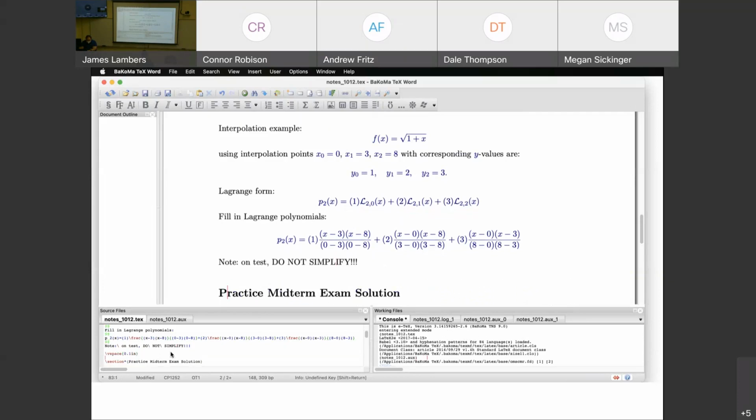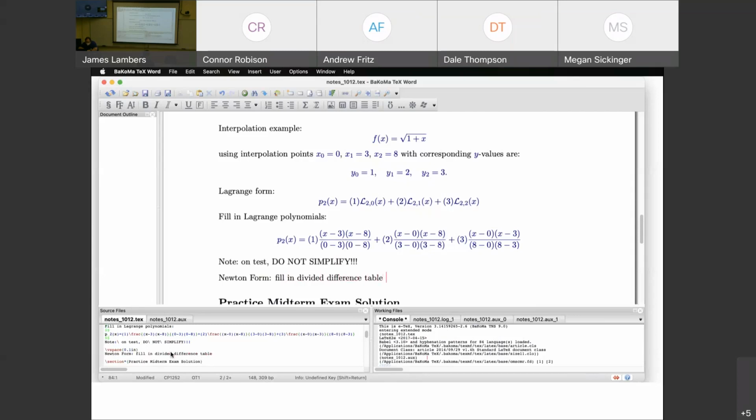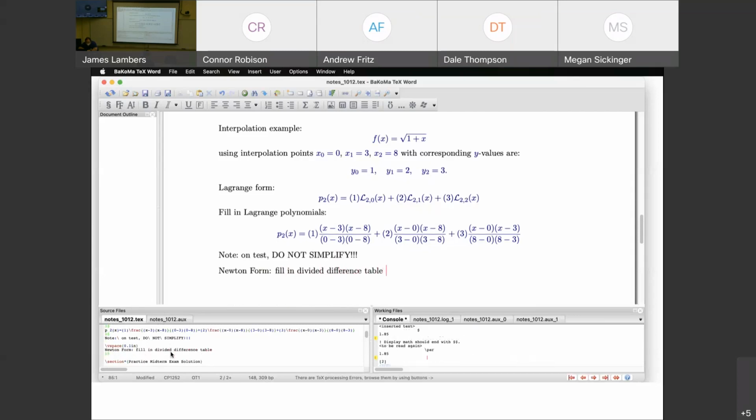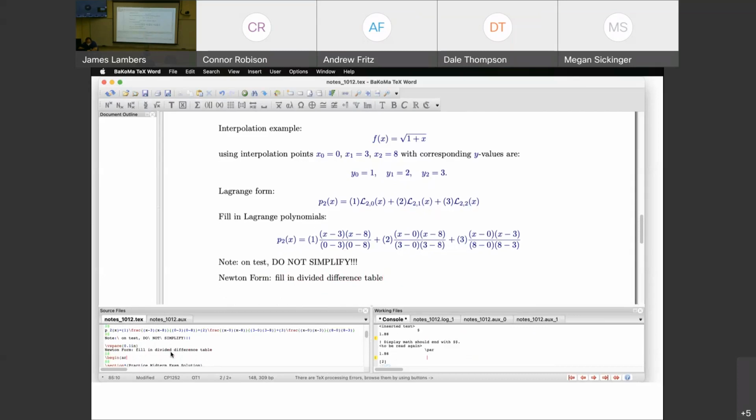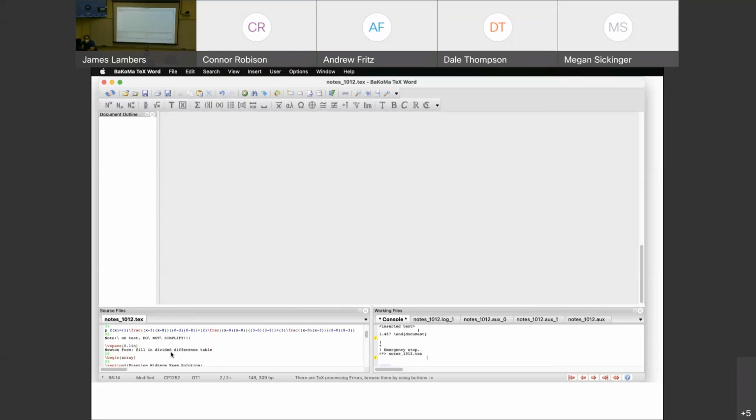Asking the right questions. So Newton form. So for this we need a divided difference table. Okay, so I need to set that up here in LaTeX. Let's see, we need the x's, the y's, and then that's 3 rows, 2, 1. So I need 4 columns altogether.